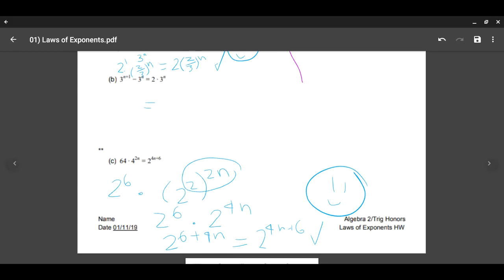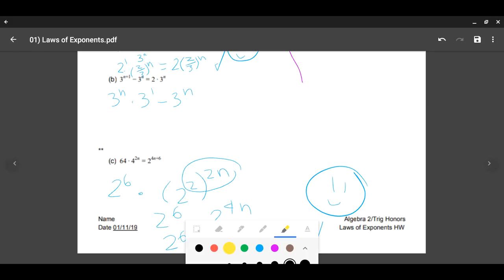So I think if I was doing this, I'm going to try to work the left-hand side, and I'm going to start rewriting things. So 3 to the n plus 1 is the same as 3 to the n times 3 to the first. Then I look for things they might have in common. Now, remember, in Algebra 2, when you get stuck on something, factoring is key.